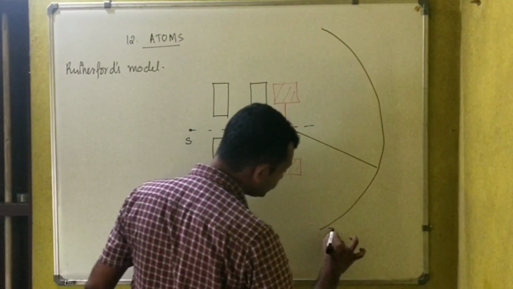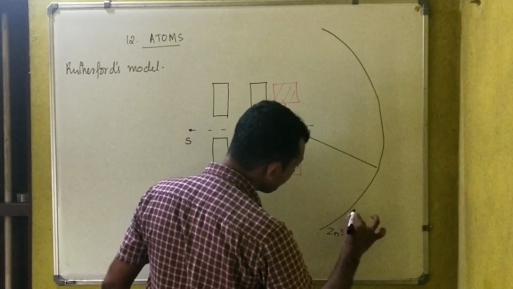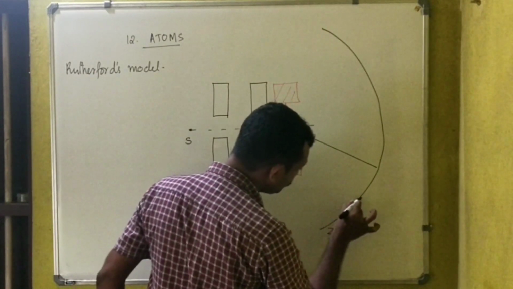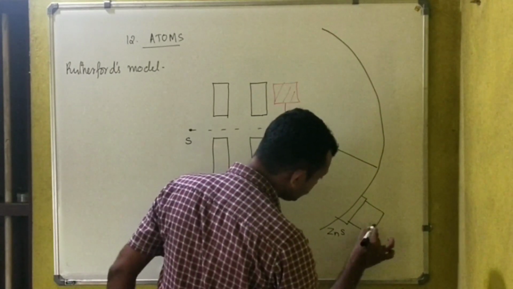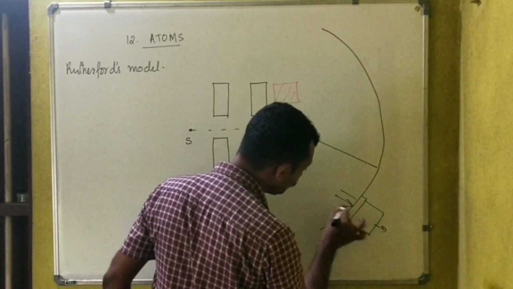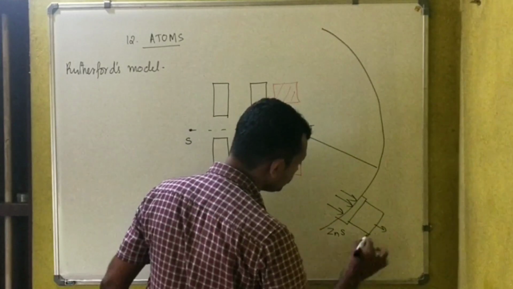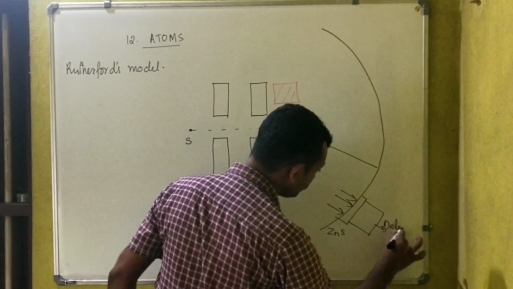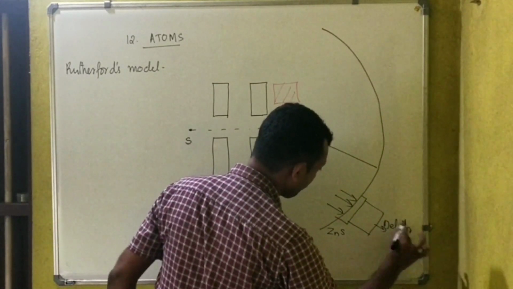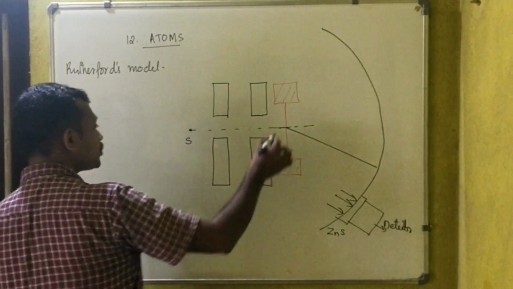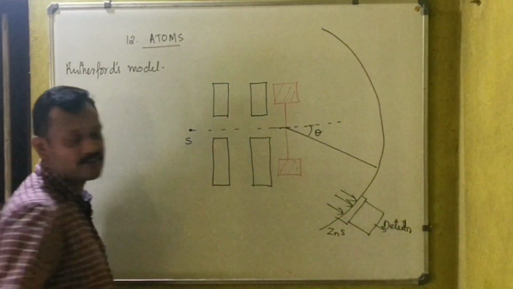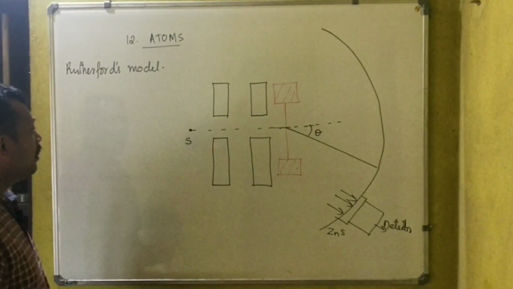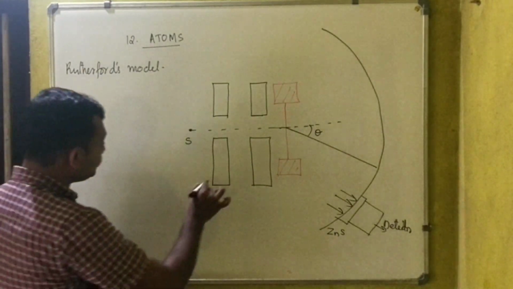This is coated with zinc sulfide, and then we have a traveling microscope that will measure the number of alpha particles. This microscope is the detector. This is the angle through which the incident alpha radiation is scattered. So this is the experimental setup.